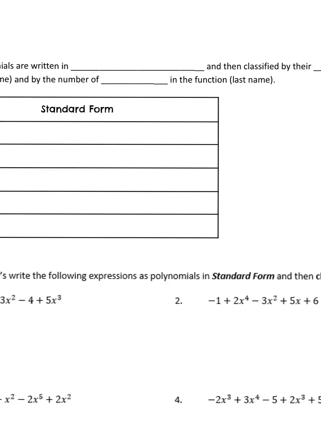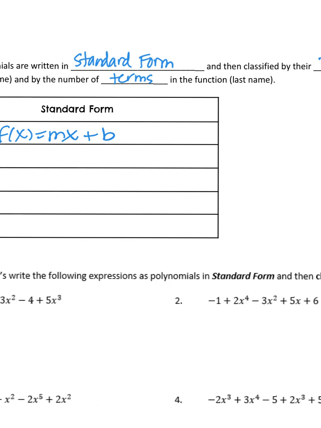Polynomials are written in standard form and then classified by their degree and by the number of terms in the function. Okay, standard form of a linear function that we know is generally f of x equals mx plus b, or slope-intercept form.